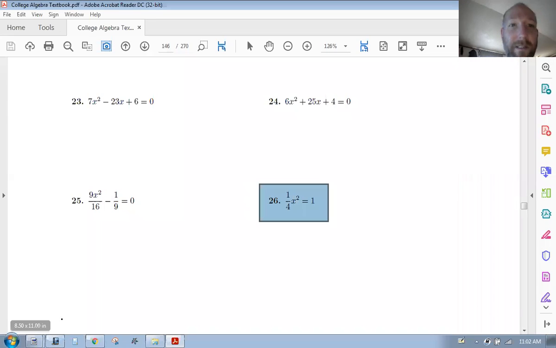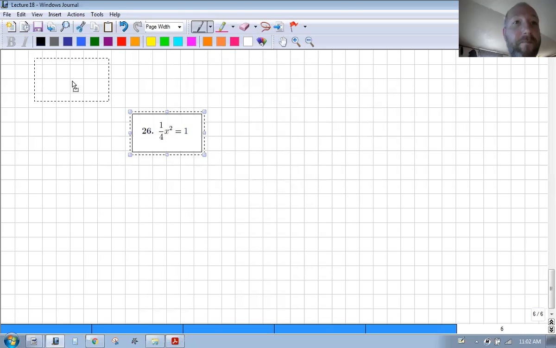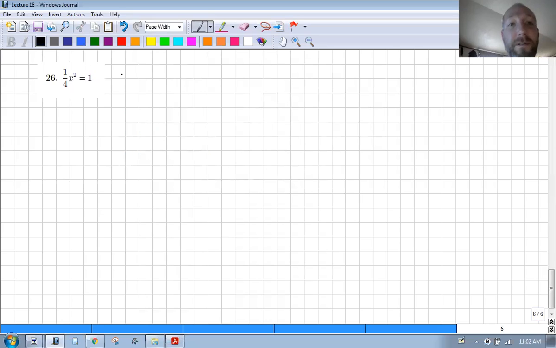All right, number 26. All right, if we're going to use the zero point method, okay, we can get rid of our fractions. We don't have to, but may as well. If we multiply everything by 4, we get that.